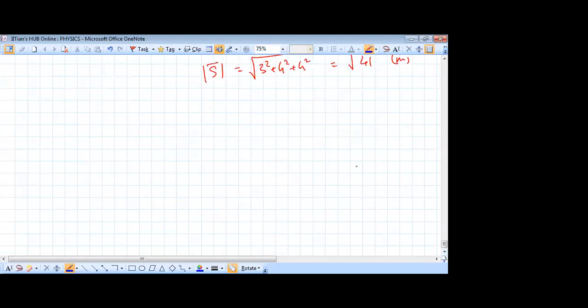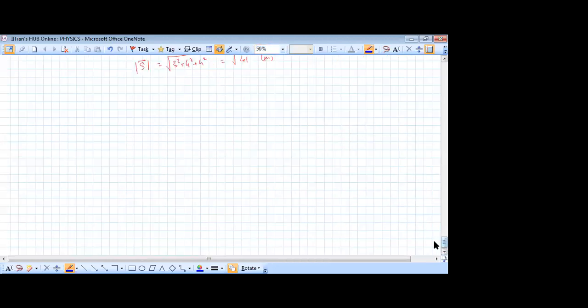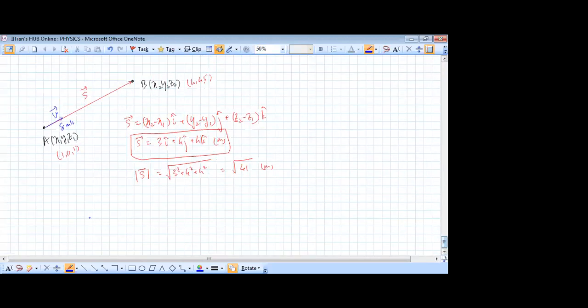So to find the velocity vector, to understand that, the velocity vector is along the displacement vector. That is, V and S have the same direction.